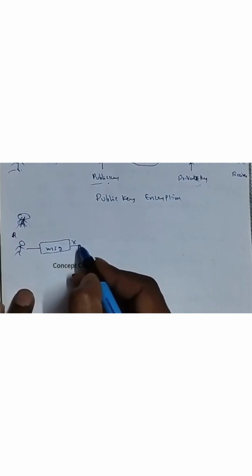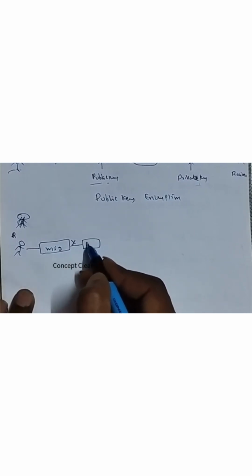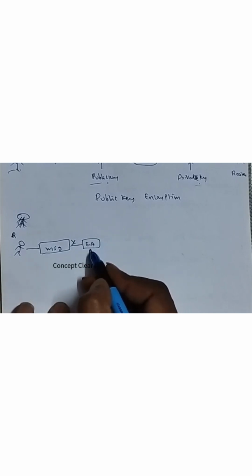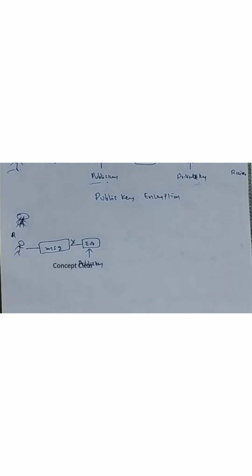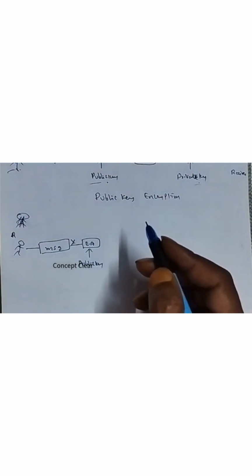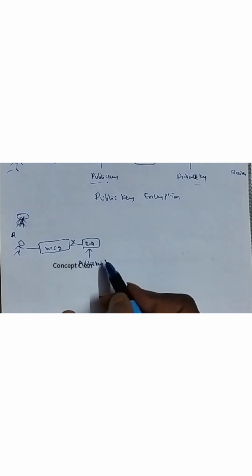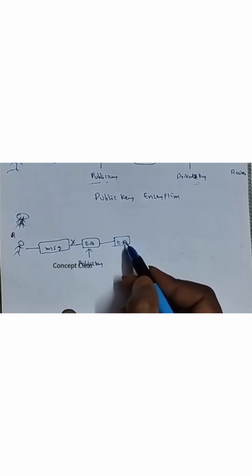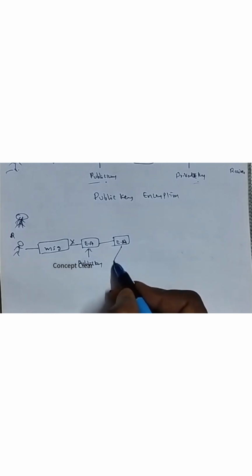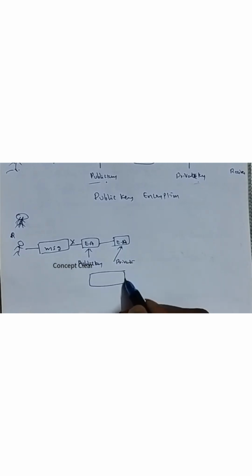The sender message X is the plain text that, with the help of the encryption algorithm, will be converted with the help of the public key. Again, we will perform one more encryption with the help of the private key. There will be a key source. Again, this X becomes Y.